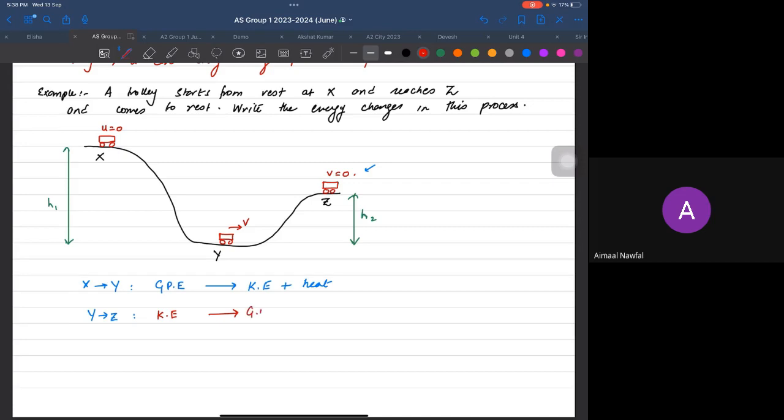Gravitational potential. Very nice. Plus, obviously, heat will be lost whenever it's moving because of the friction on the path, right? So you guys need to remember that each change should be written when they ask you to do that. And please think hard about what is happening when they do that. All right. If you guys have any questions, please let me know here.